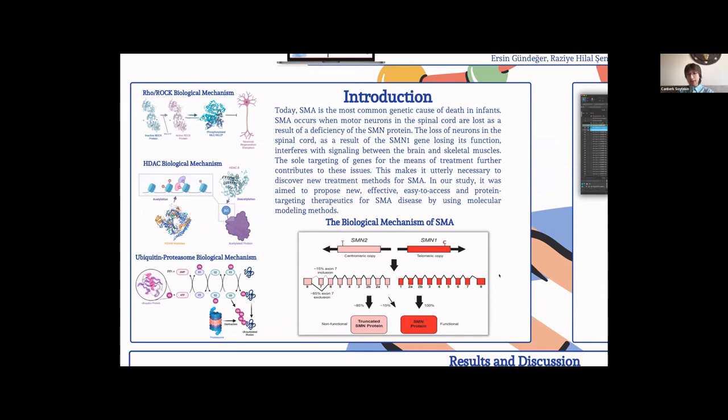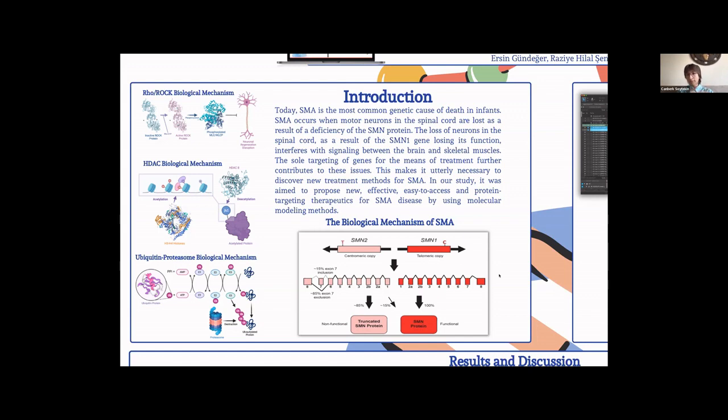And unfortunately, severe atrophy is mostly observed in infants. And again, unfortunately, SMA is currently the leading genetic cause of death in infants today. Even though there are therapies for SMA currently, they all have the common denominator of being genetically targeted, and this drives up their price, production costs, and research costs.